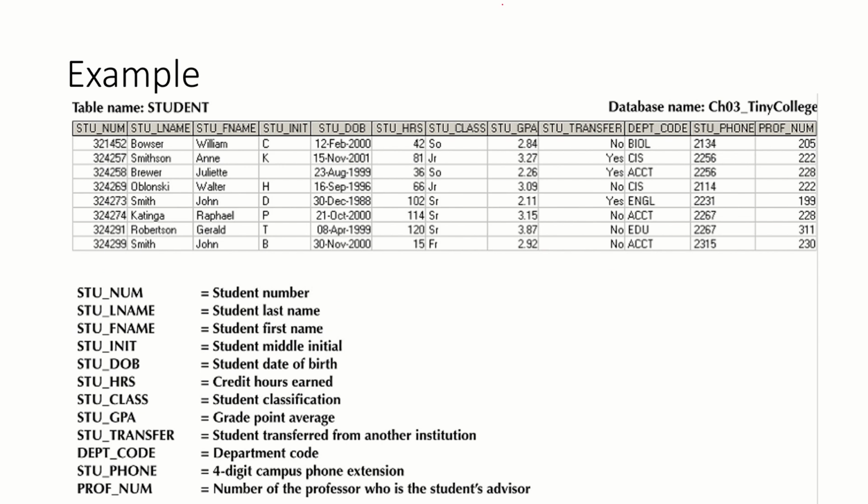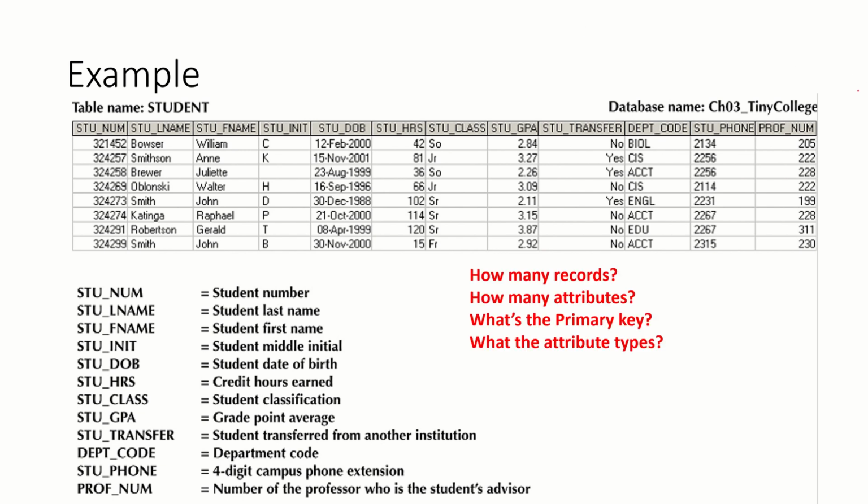So this is one example. In this example, I have a few questions for you: how many records, how many attributes, what's the primary key, and what's the attribute type. First, you need to identify the records. Besides the first row, each remaining row is one record, so you just count how many rows.